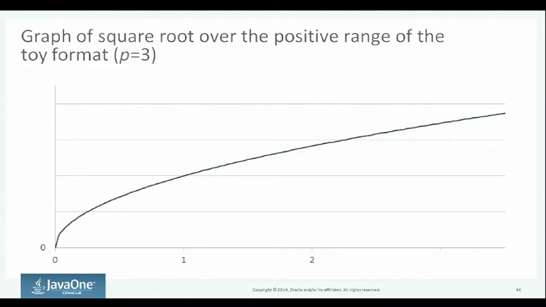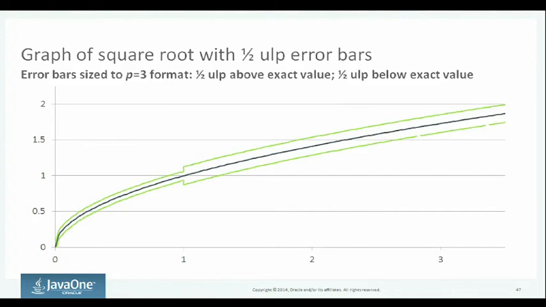So we'll see what these accuracy requirements look like with the square root function. So here's square root on the toy format range. We'll notice a few things about it. It's non-negative, right? All the values are above 0. It's nice and smooth, and it's monotonically increasing, right? So it's always going up. So here's what the 1/2 ULP error bounds around square root look like for the toy format.